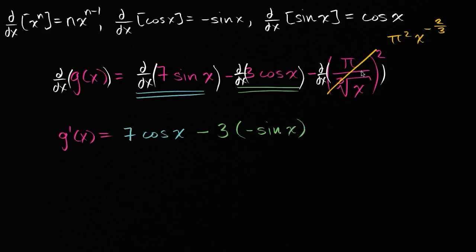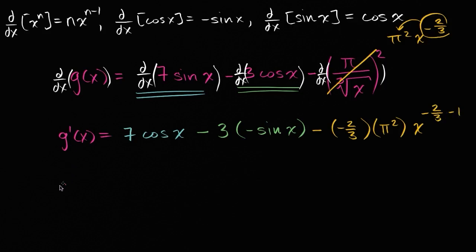Actually, let's not forget this minus sign. I'm going to write it out here. So you have the negative 2/3. You multiply the exponent times the coefficient. It might look confusing, pi squared, but that's just a number. So it's going to be negative, and then you have negative 2/3 times pi squared times x to the negative 2/3 minus 1 power. So what is this going to be?